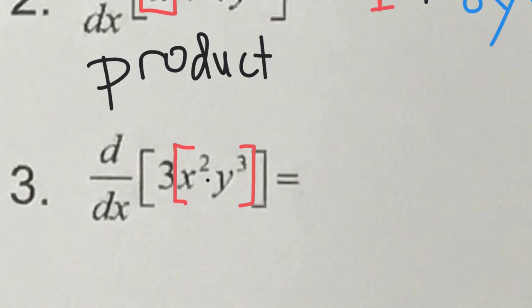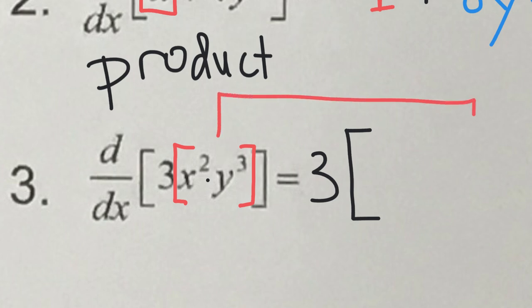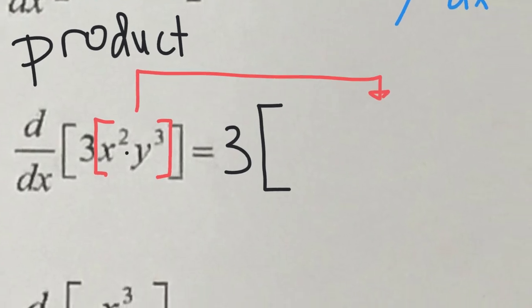So pull the 3 out, and then we'll take the derivative of x squared y cubed using the product rule. And then at last we'll multiply everything back in by 3, right? We'll redistribute the 3 into it to get our final answer.